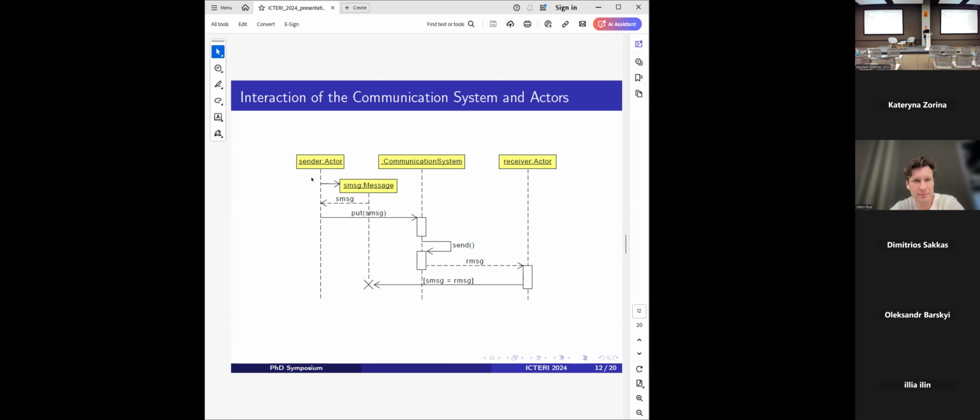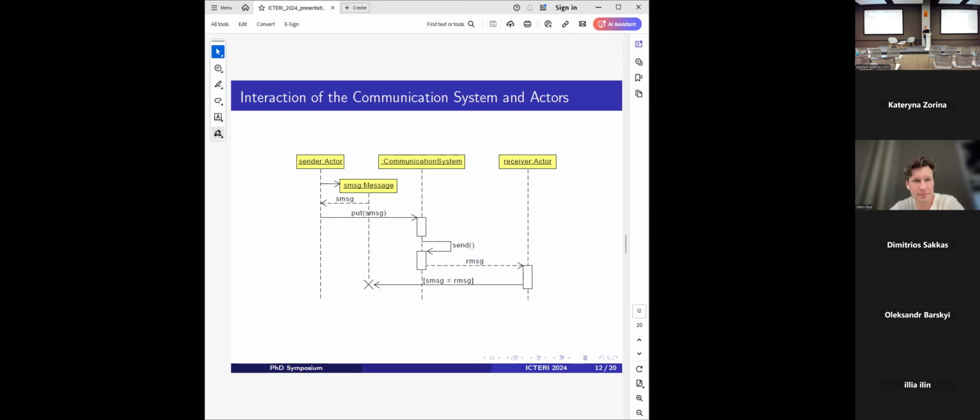This is another scheme. Moving on to the interaction between the communication system and the actors, which is depicted in the diagram. Distributed computation is represented as a sequence of events, which can be either finite or infinite.